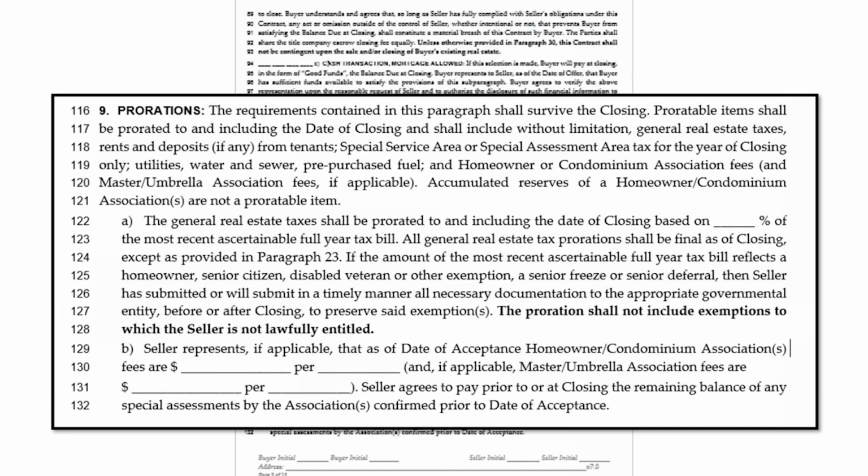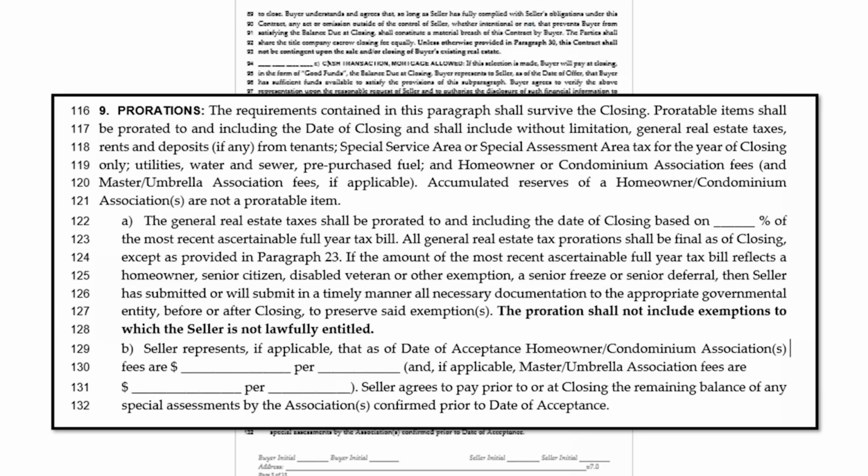B is whether there's a homeowners or condo association. There are two lines there, because sometimes we have two homeowners associations. Let's say the homeowners association fees are $200 a month, and then there's the umbrella: one homeowners association for this complex, and then one for the whole subdivision, and that's another $100 a year.